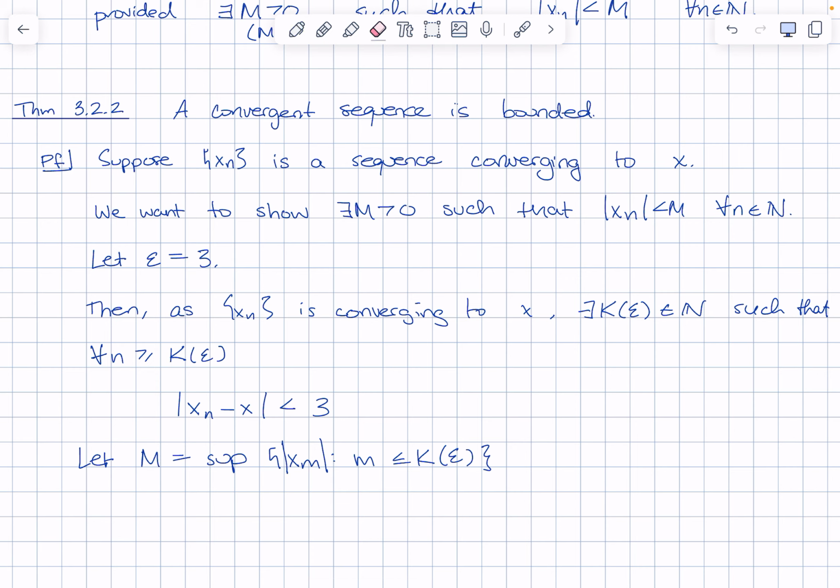We don't need the equals there, so we can take it out. So we're choosing an index that's less than that k.